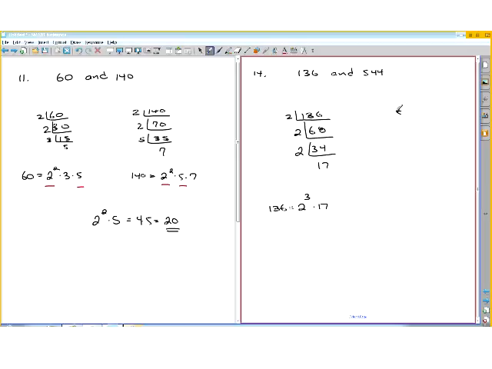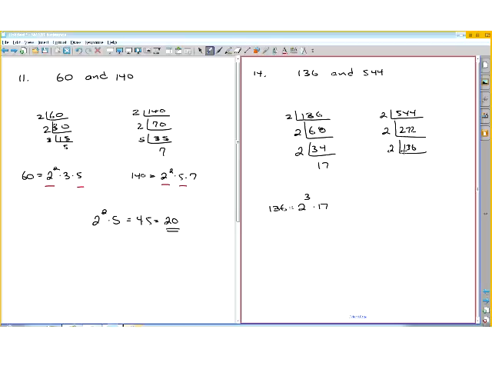Okay, the next one is 544. So we'll divide that by 2. And I'm going to use my calculator, just on the safe side. 272. Okay, you can divide by 2 because it's even still. Divided by 2, I get 136, which is still even. So I divide by 2 again.